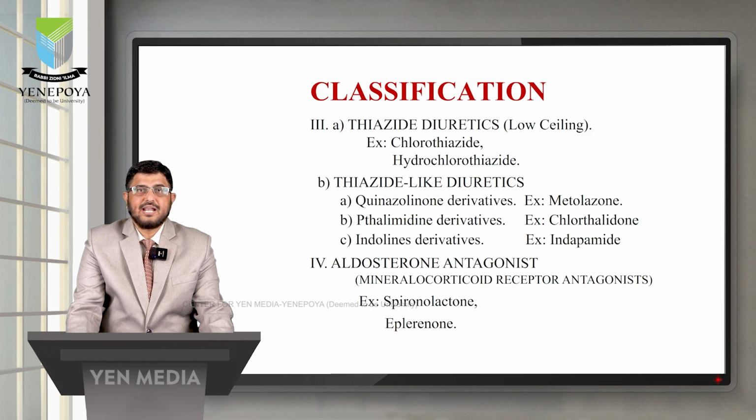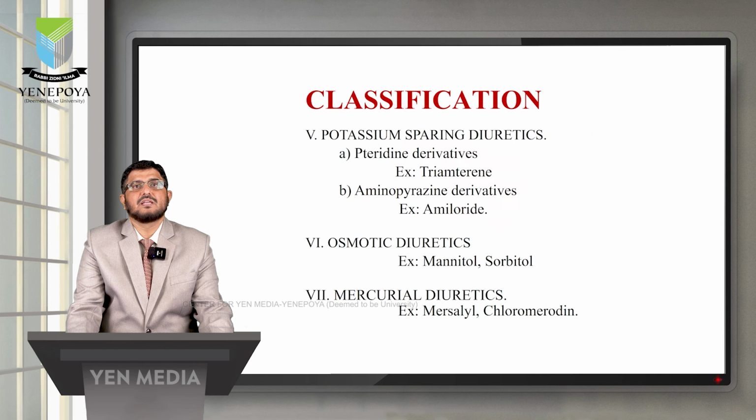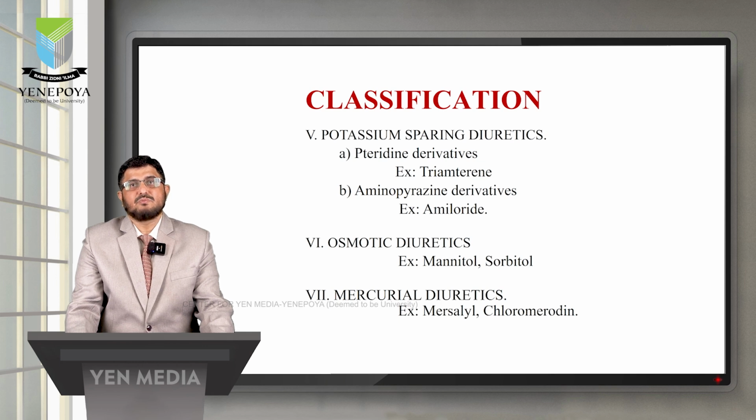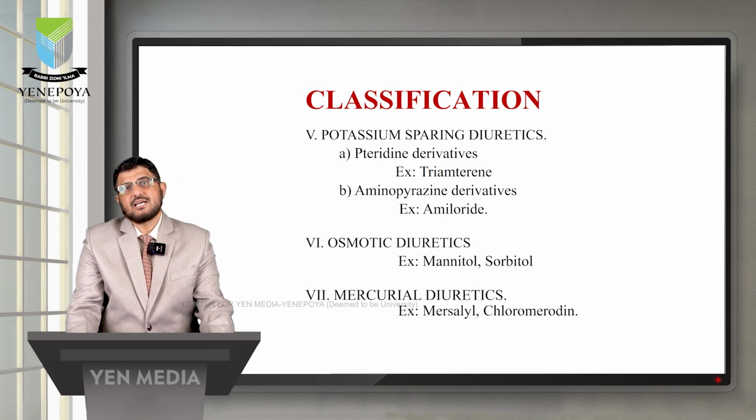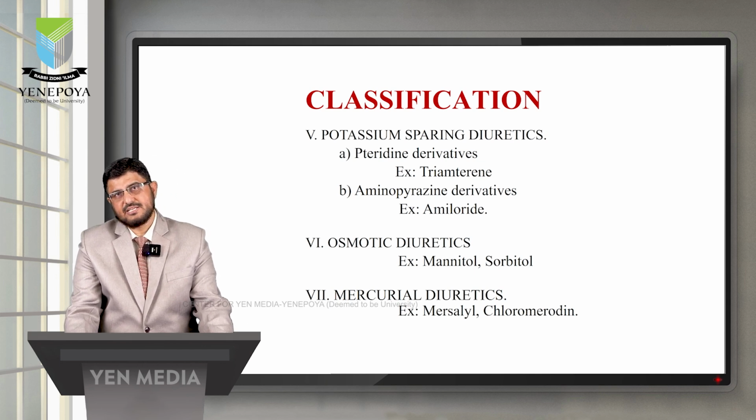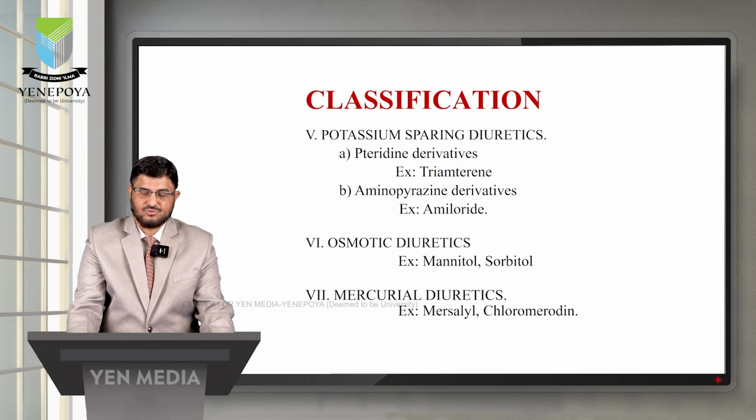Fourth, aldosterone antagonists, also called mineralocorticoid receptor antagonists, that is spironolactone and eplerenone. Fifth, potassium sparing diuretics: pteridine derivatives, triamterene, and aminopyrazine derivatives, amiloride. Then osmotic diuretics: mannitol and sorbitol. And finally, mercurial diuretics, that is mersalyl and chlormerodrin. They are also classified as mercurial or non-mercurial diuretics.